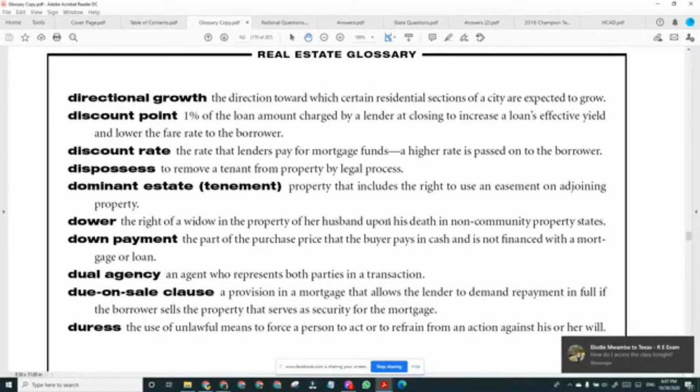So there is a lot of movement coming in from the military. And the population is increasing. We're at 1.5 million within San Antonio, 2.5 million with the suburbs, and expected to grow to about 2.5 million, just San Antonio, for 2040. So that's directional growth, okay? What direction is the city growing?